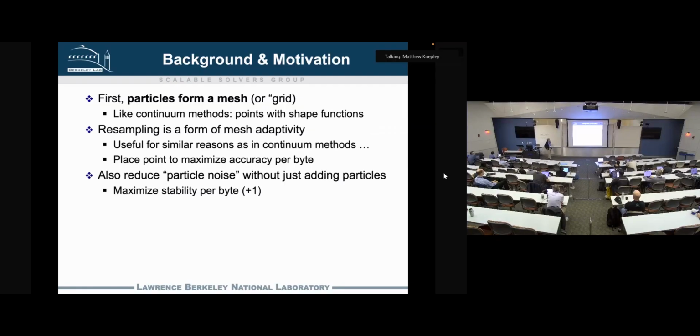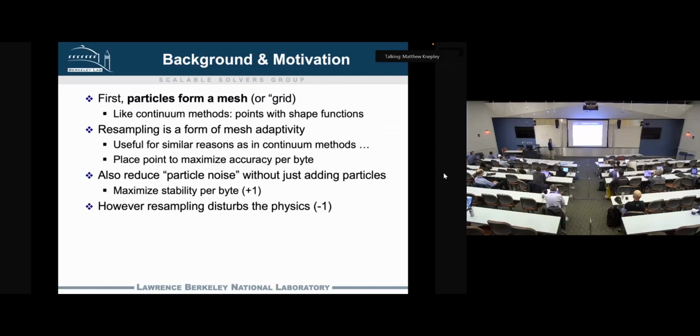Another reason that it's useful in a particle context is that it smooths out your particle function, which is why resampling, or coarse graining, is used in the physics community to smooth out your distribution and reduce particle noise. Particle noise is a problem with particle methods, in that it's hard to run them for indefinite amounts of time, and so this is one technique for being able to do that. So this, in a sense, maximizes the stability of your operator.